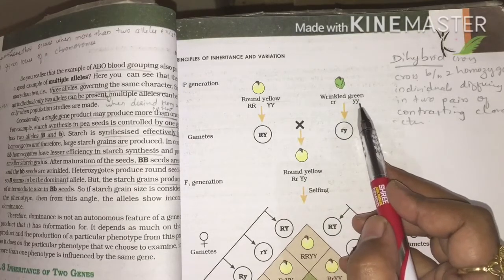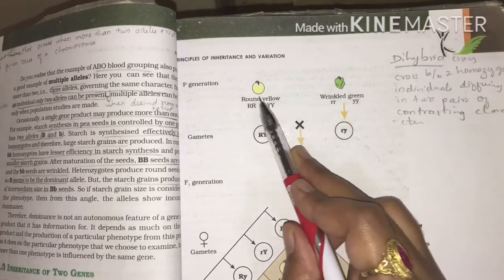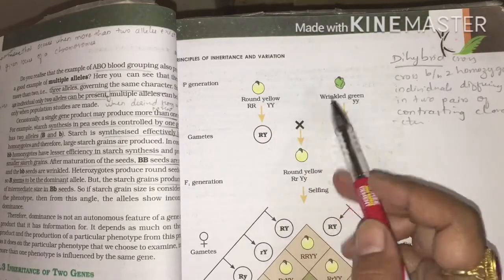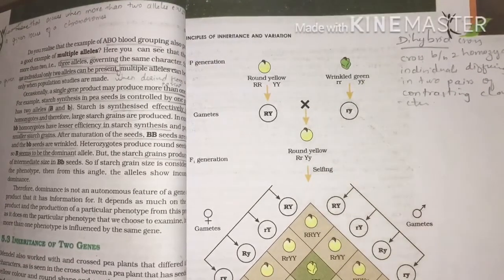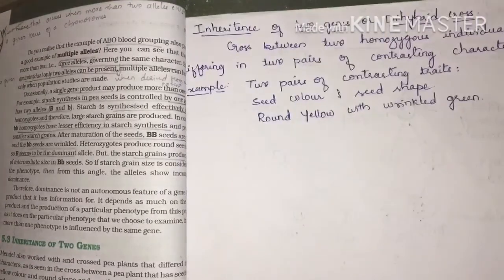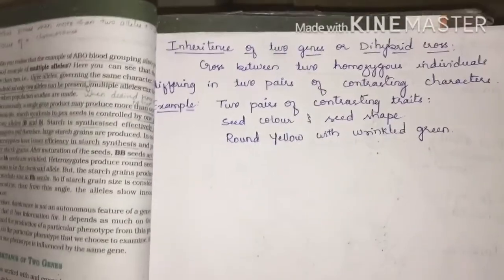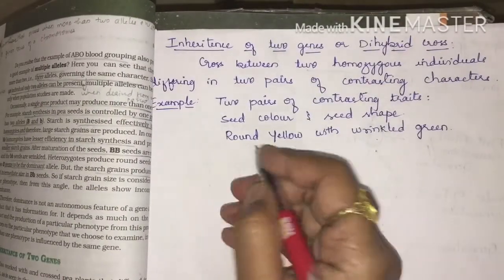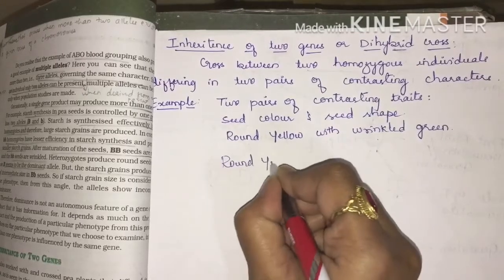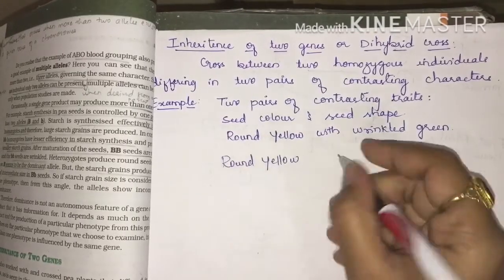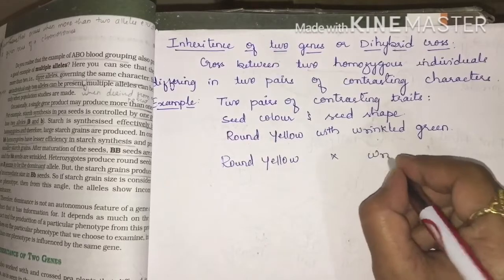This is the genotype, whereas round yellow or wrinkled green is the phenotype. I shall draw this cross in my note, so we shall see how it will appear. Now we have chosen one parent as round yellow and it is crossed with wrinkled green.